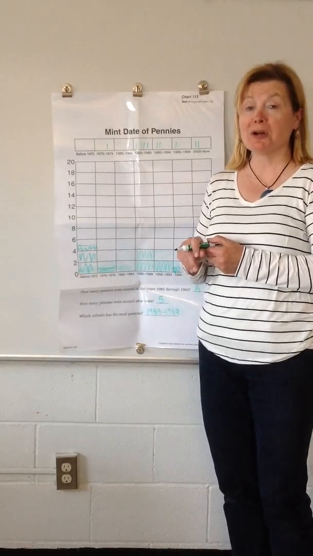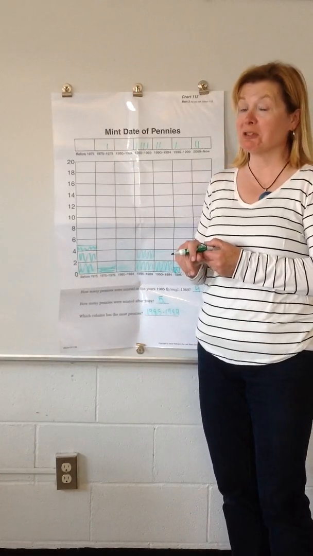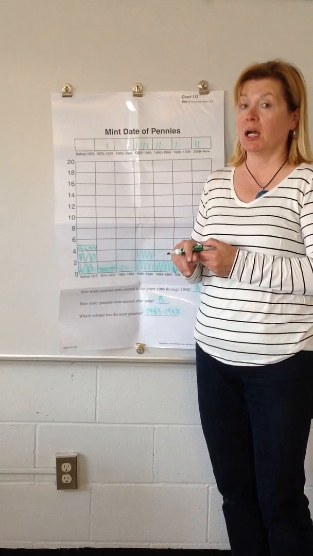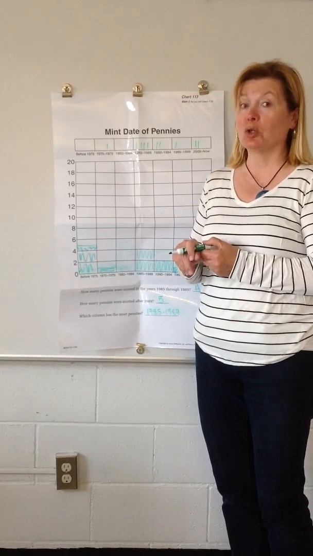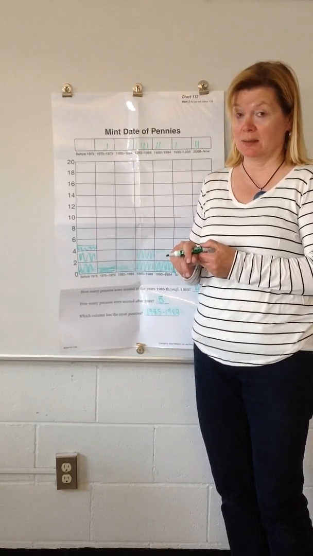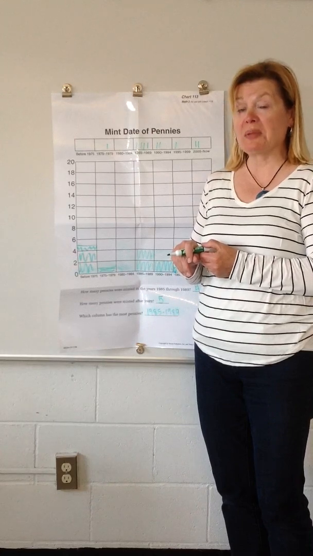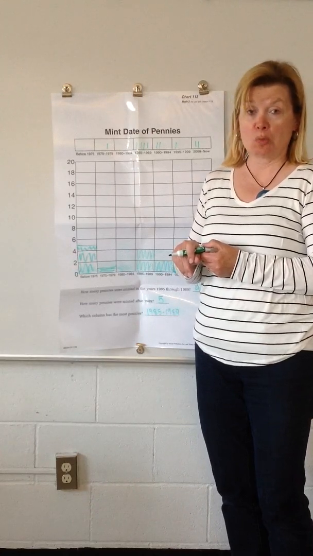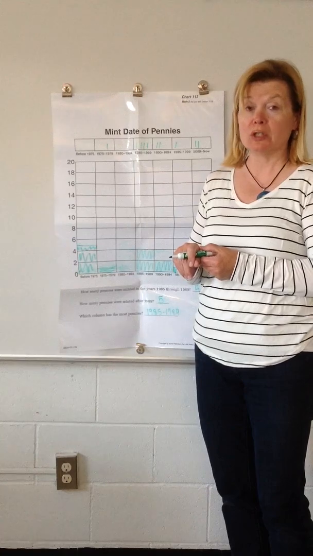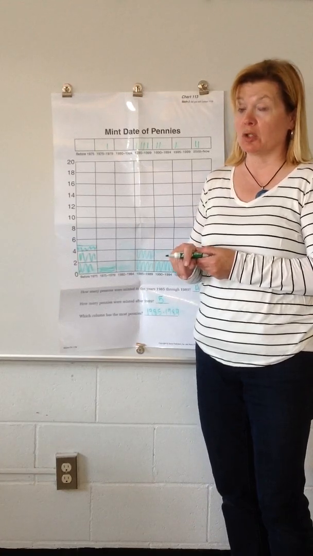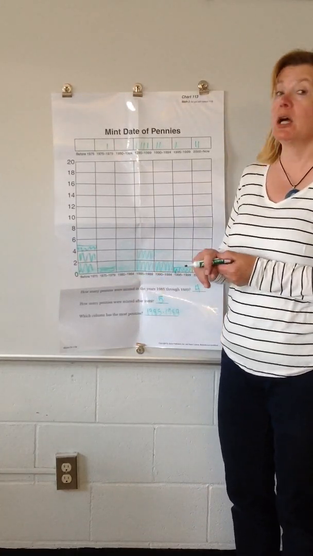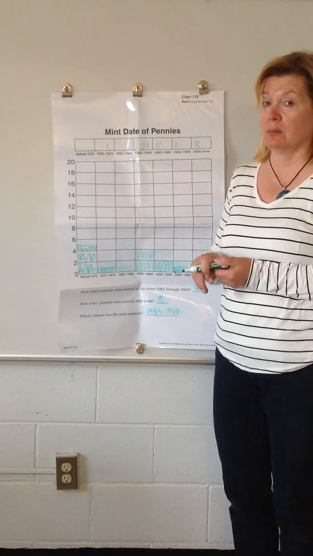Remember, your graph is going to look very different from my graph. I used 10 pennies, you have 20 pennies. And you might have more pennies that are brand new, or you might have more pennies that are older. So remember, even your answers at the bottom are not going to be the same as mine.